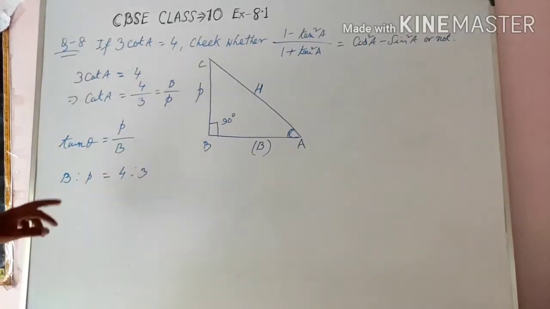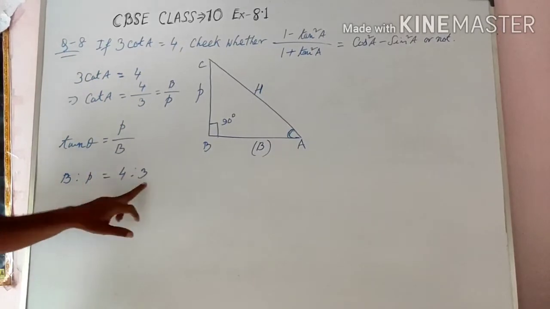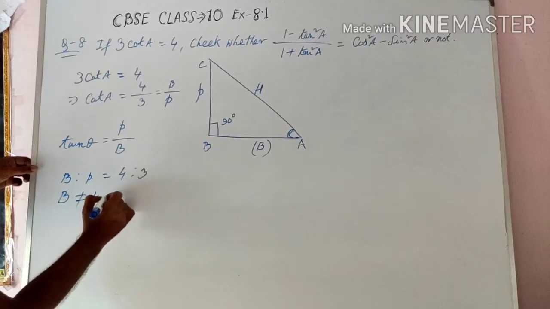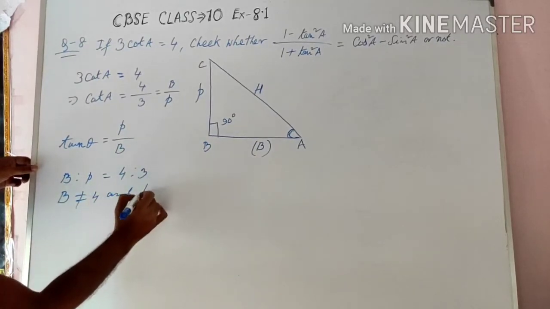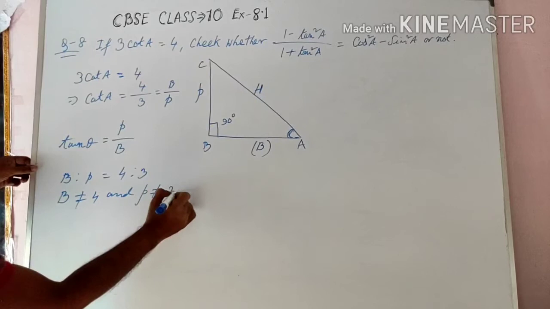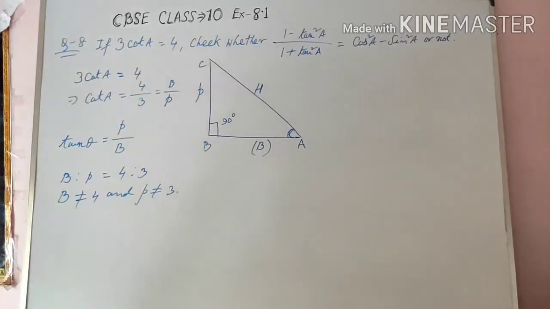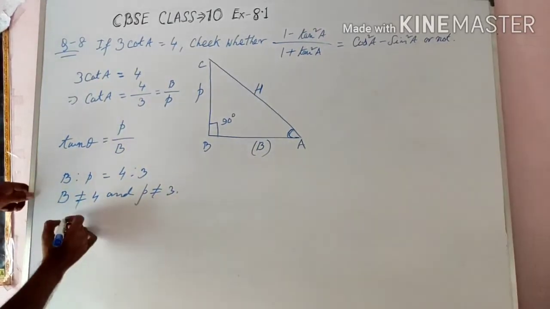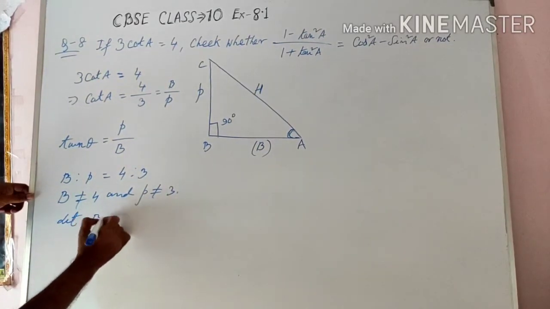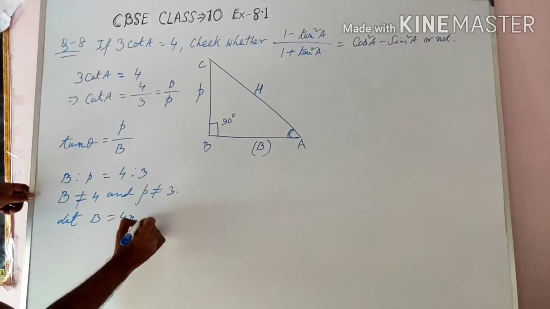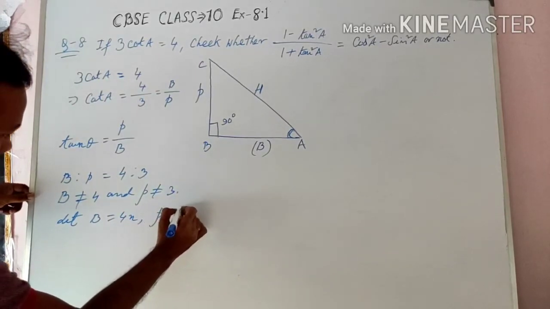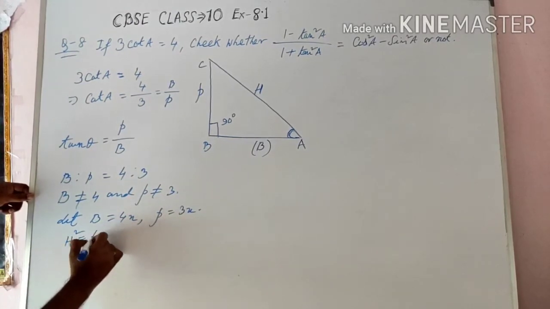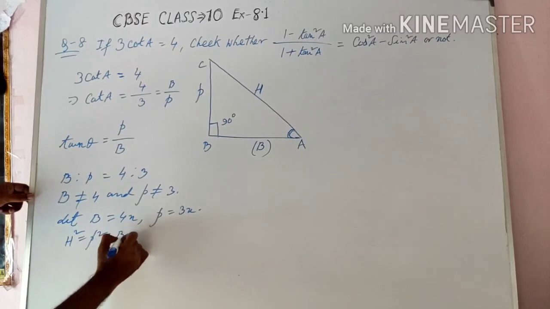So we cannot say base is equal to 4 and perpendicular is equal to 3. That is, base is not equal to 4 and perpendicular is not equal to 3. The ratio of base and perpendicular is 4 is to 3. Let base be equal to 4x and perpendicular be equal to 3x. So according to Pythagoras theorem, hypotenuse square is equal to perpendicular square plus base square.